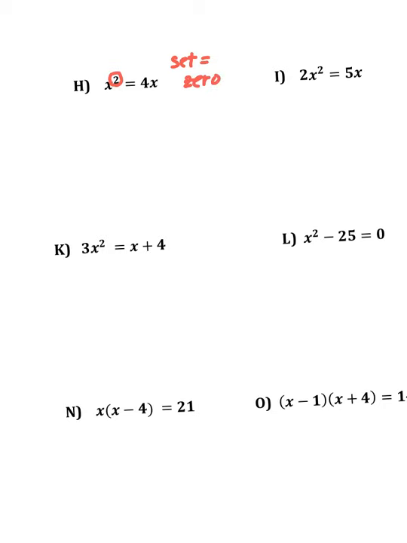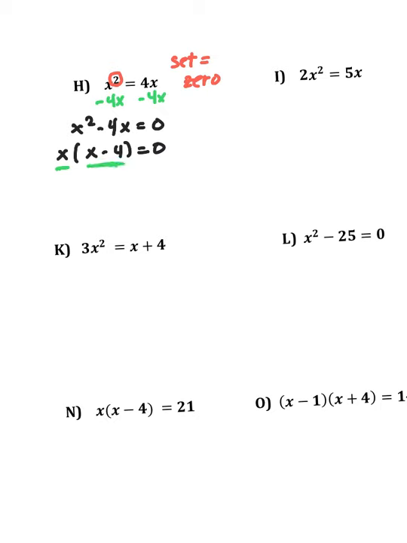When I'm setting these equal to 0, that means I would be subtracting that 4x from both sides of the equation, right? It should look like this when we are solving. And now this should look familiar. It's a binomial, and it does have a GCF. That GCF is x. Take that x out, and I'm left with x minus 4. And now this is what we've been looking for.